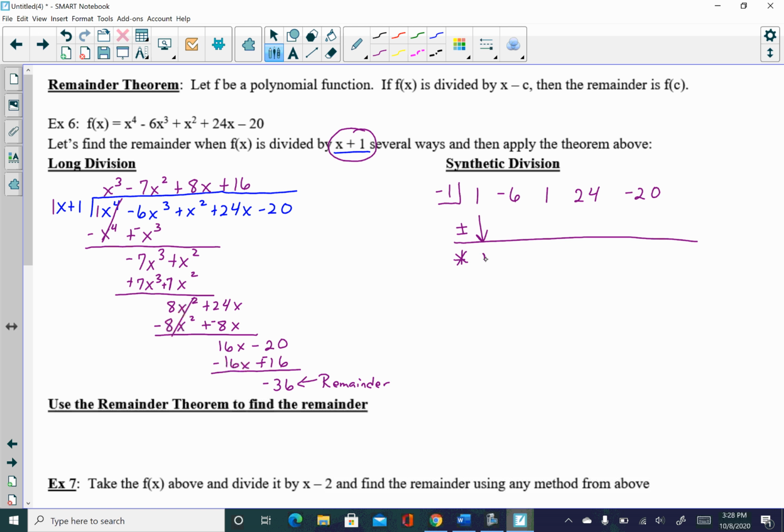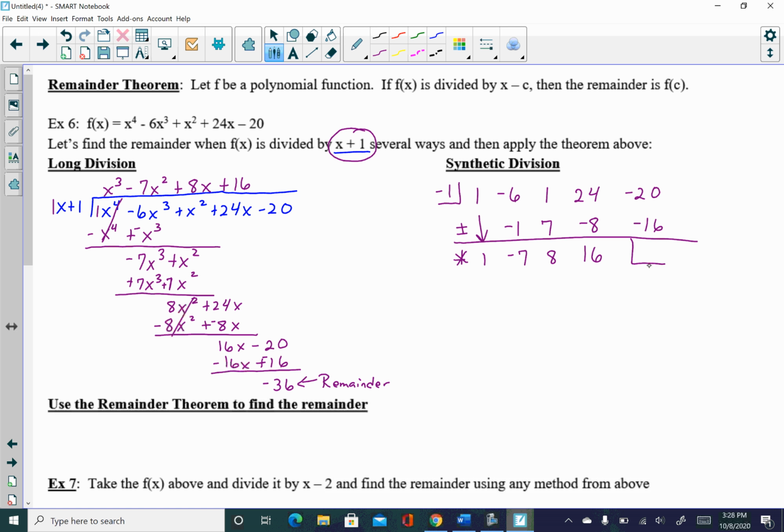Bring down the first term. Negative 1 times 1, negative 1. Add together. That'll give you negative 7. Negative 1 times negative 7, positive 7. Add. Give you 8. Negative 1 times 8, give you negative 8. 24 minus 8, 16. Negative 1 times 16, negative 16.